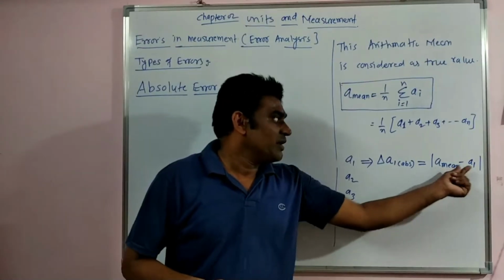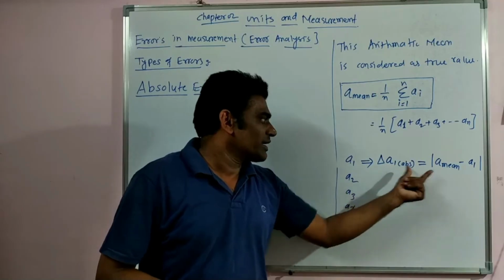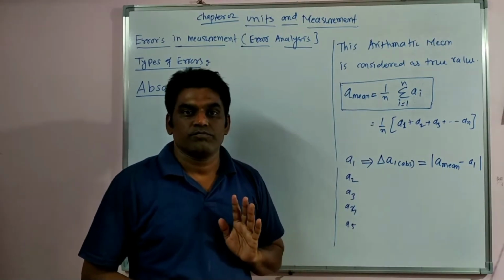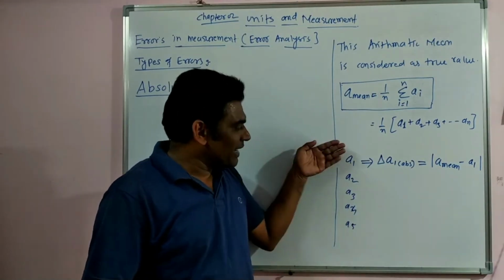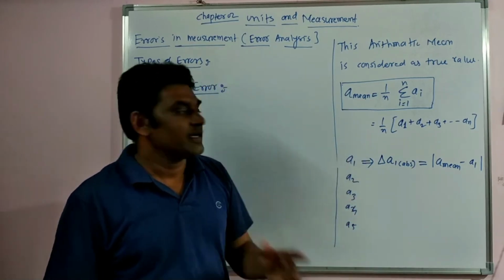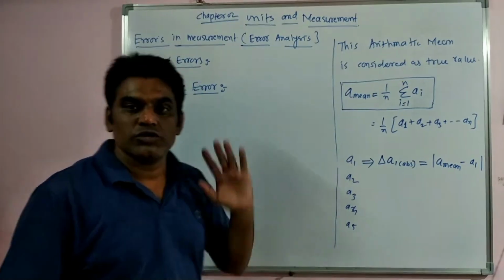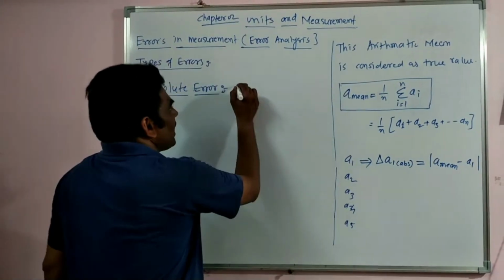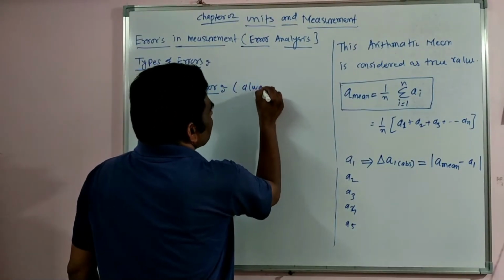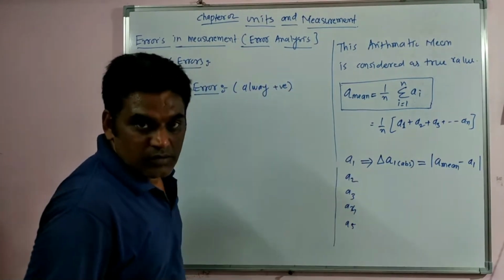Subtraction of A mean minus that reading, and its mod. That is the absolute error in this measurement. So in this way, you can calculate absolute error in each reading. And always remember, as this is the mod, absolute error is always positive, because this is a mod.